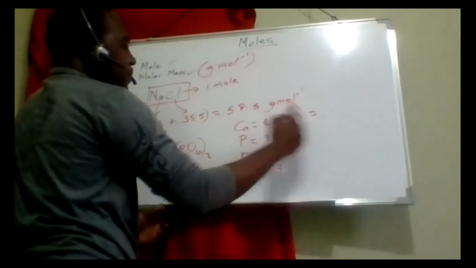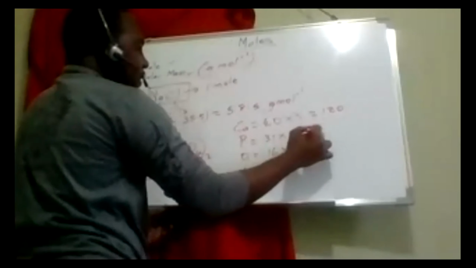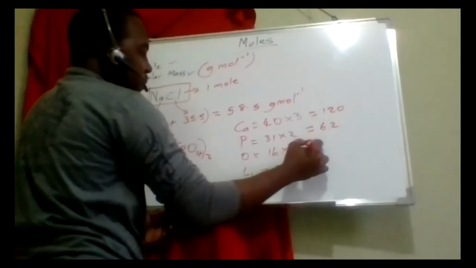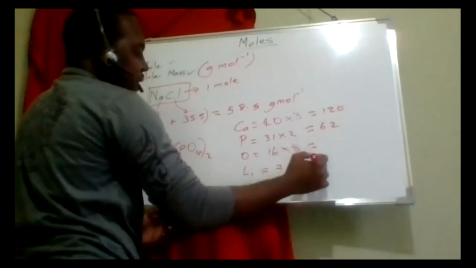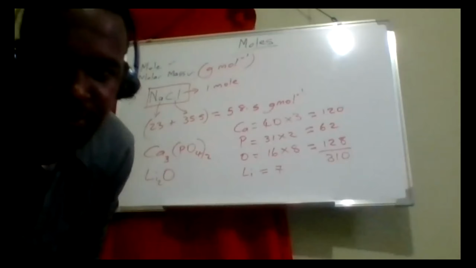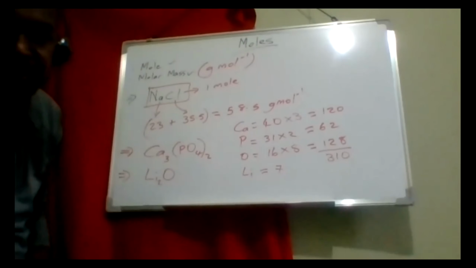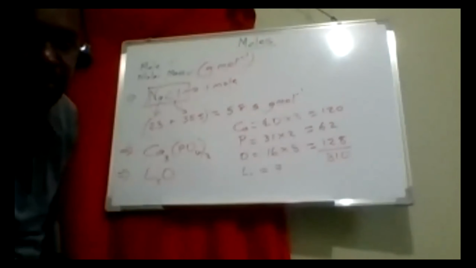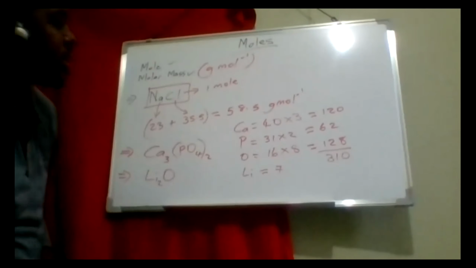In this case, it's 120, this is 62, and this here is 128. When you add those, 248, 310. And I'm seeing that's what everyone got. So we get 310 for the calcium phosphate.